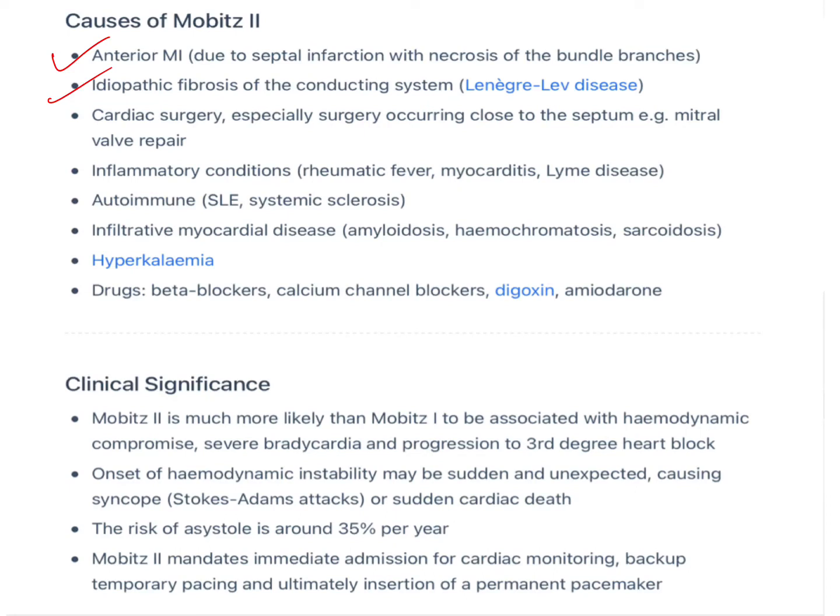We have cardiac surgery patients who undergo surgery close to the septum, for example, mitral valve repair, and inflammatory conditions like rheumatic fever, myocarditis, Lyme disease. Autoimmune causes include SLE, systemic sclerosis, and infiltrative myocardial diseases like amyloidosis, hemochromatosis, sarcoidosis. They also cause Mobitz type 2 second degree heart block.